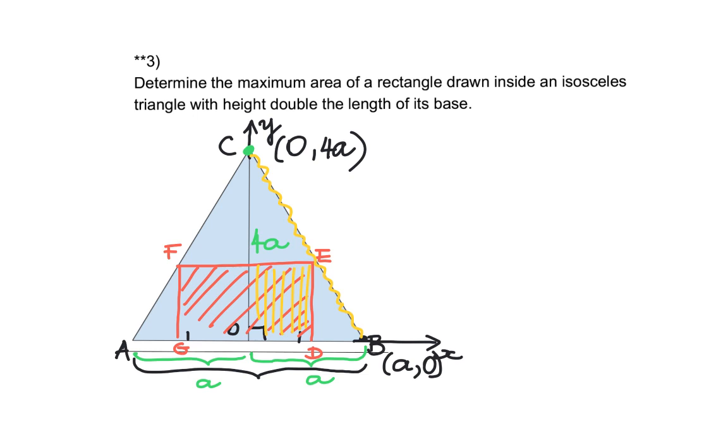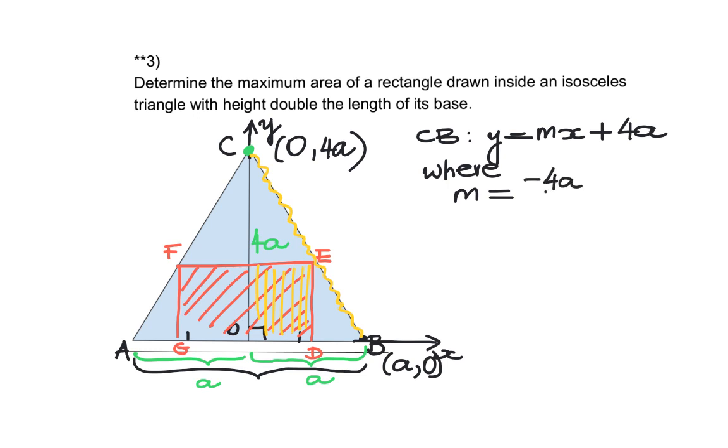So can I find the equation of a straight line CB? CB will be y equals mx plus c, where c is our 4a, and the gradient is our change in y over change in x. So we've got minus 4a over a, rise over run, which is minus 4.